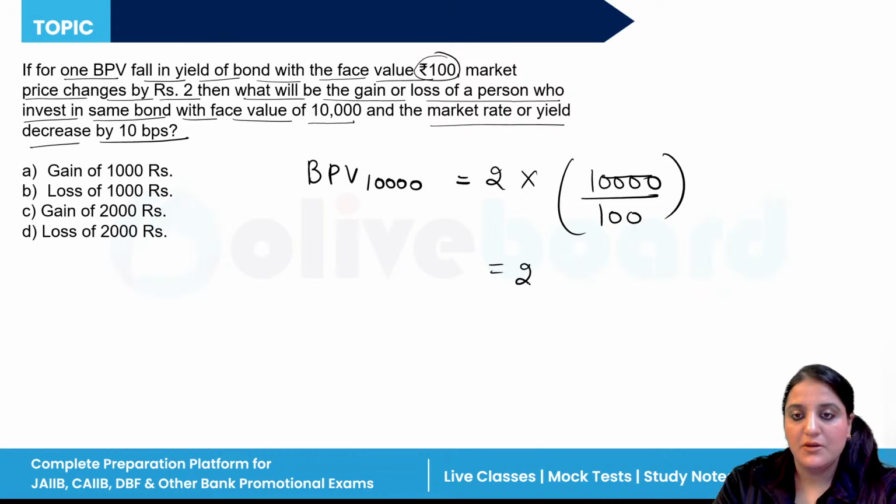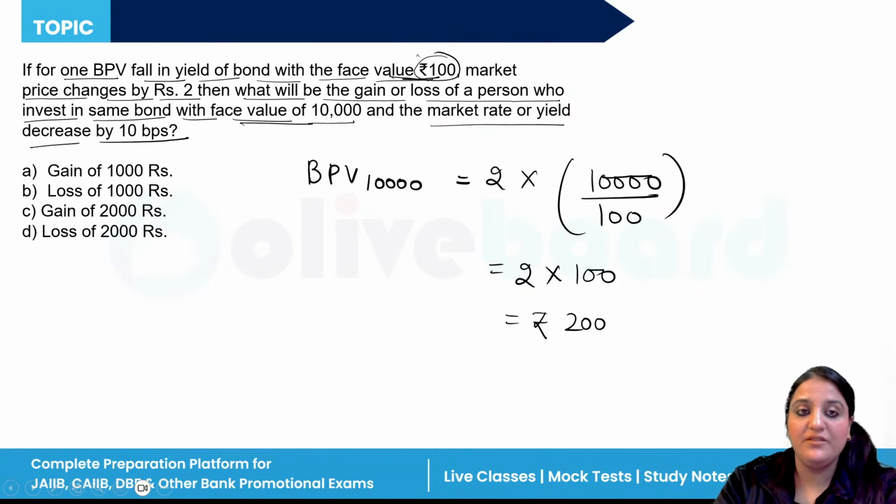So this is 2 multiplied by 100, which is equal to rupees 200. Why have we done this? Because this is the face value, and this is a person who is investing in the same bond. We have to find it for face value 10,000. So we divided by 100 and multiplied by the changed price, that is 2. So this is equal to 200.